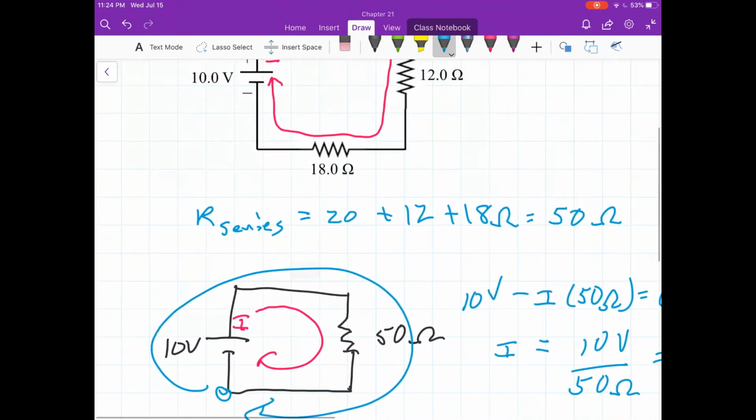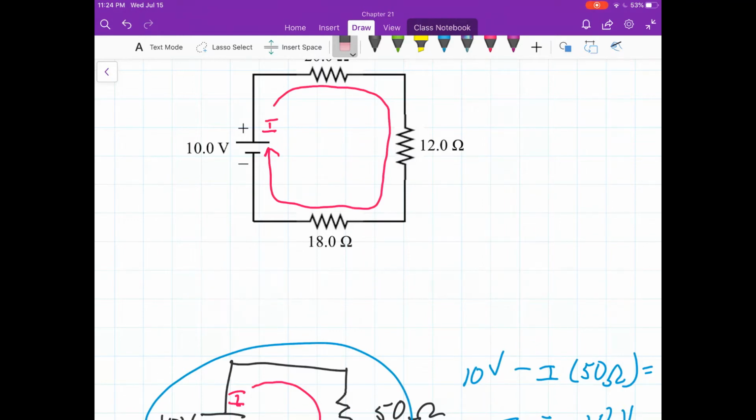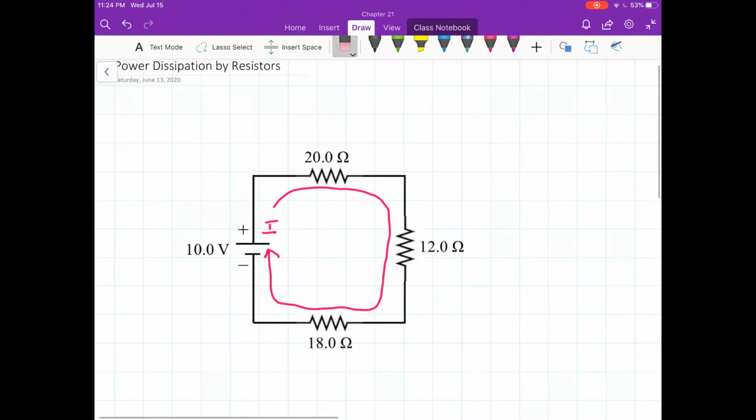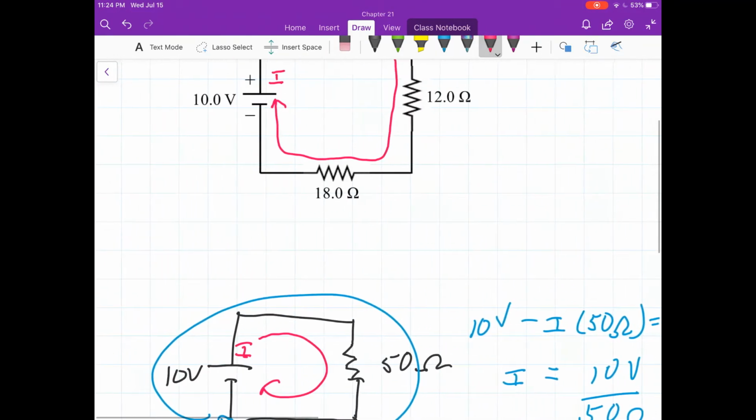So at this point, I can clean up this right here, the 50 ohm. We know that's the equivalent resistance. And I can write the current for each element. I said here, 0.2 amp.